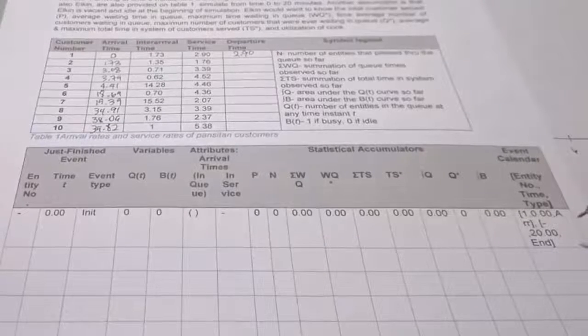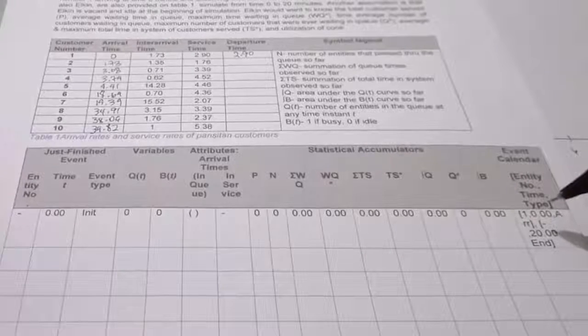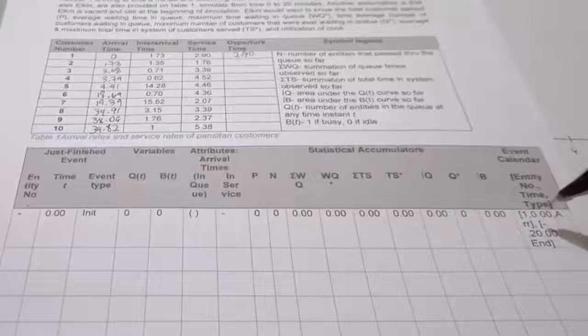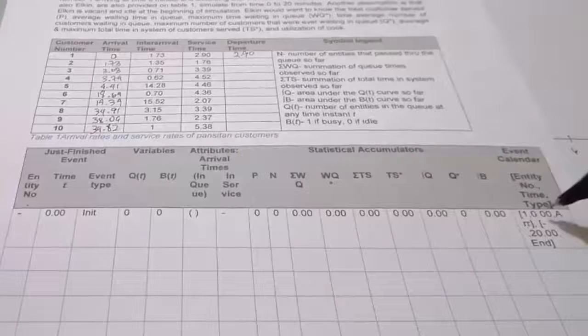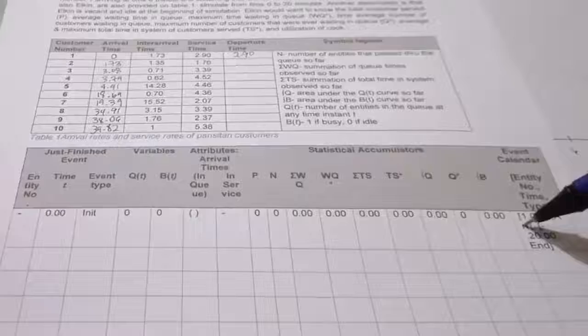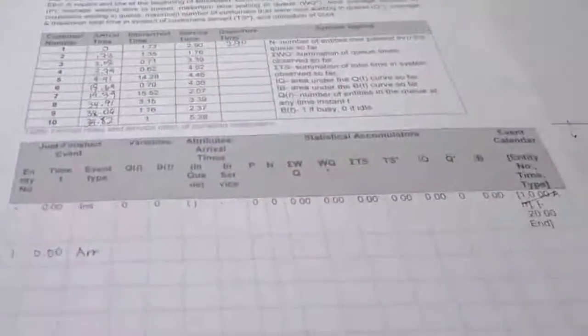So if the time is earlier, then it will be the event that will be executed first. There are only two times indicated in this event calendar. It's 0 and 20. So the first event would be the arrival of customer number 1 at time 0.00. Transpose it in the just finished event. So 1, 0.00 arrival.